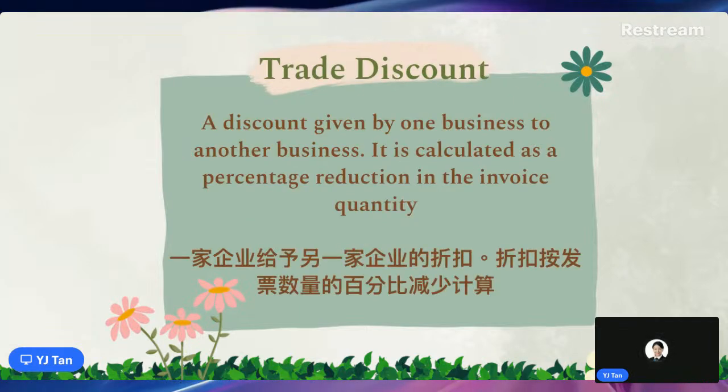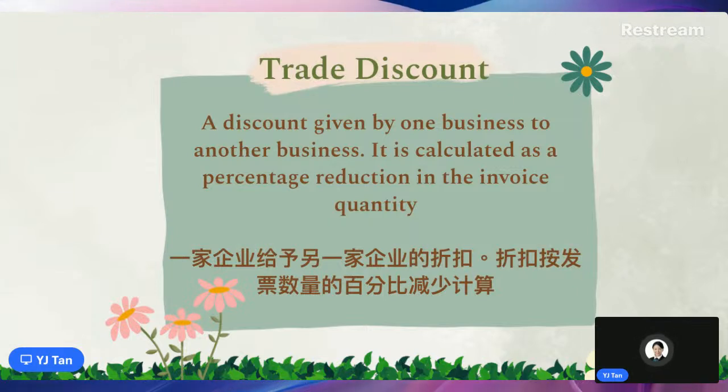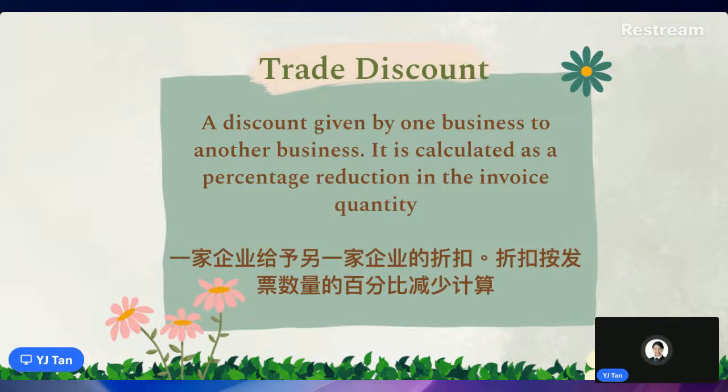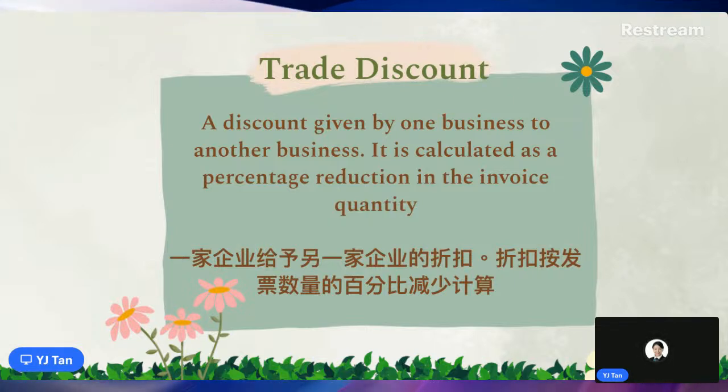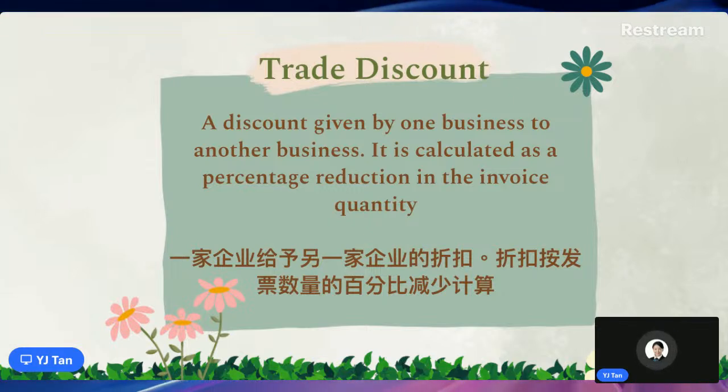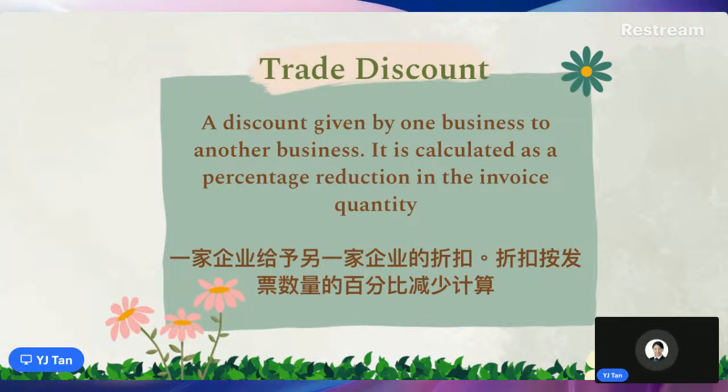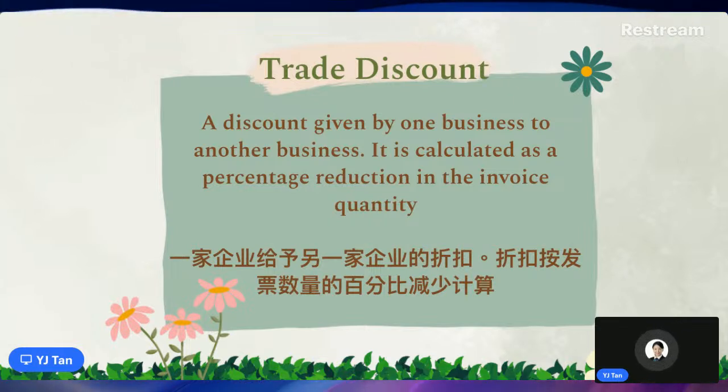Trade discount. A discount given by one business to another business, calculated as a percentage reduction in an invoice quantity. When we do a transaction, sometimes we might want to encourage the customer to pay earlier.